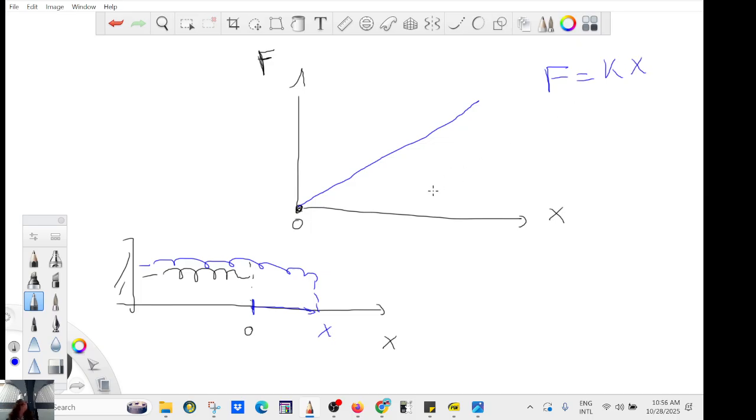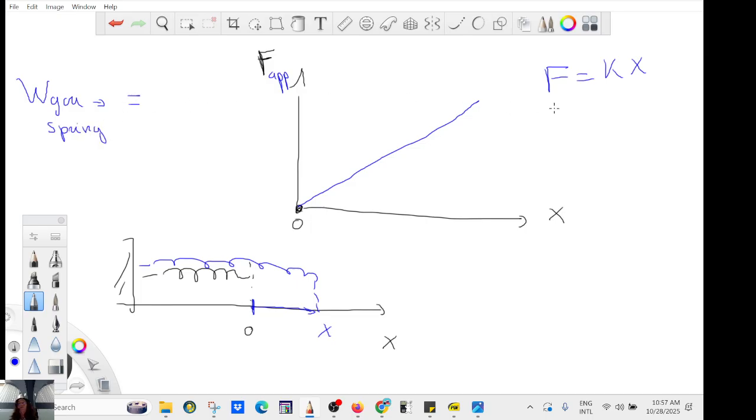So can you find the work done, okay, by the spring, by you on the spring? Okay, let's say this is the applied force. The applied force will be proportional to the stretch. So what's going to be the work done by you on the spring?